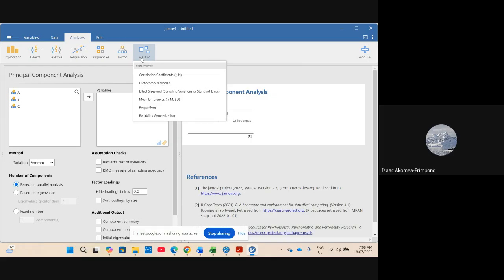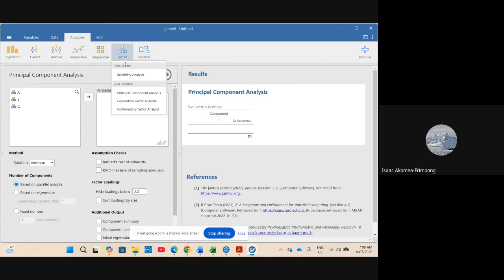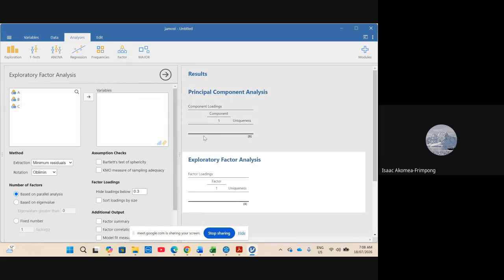But in case you want to run your factor analysis and you don't have SPSS, then you can get it done here. But I think all of you have SPSS, or is there anyone here who does not? Is there anyone here?